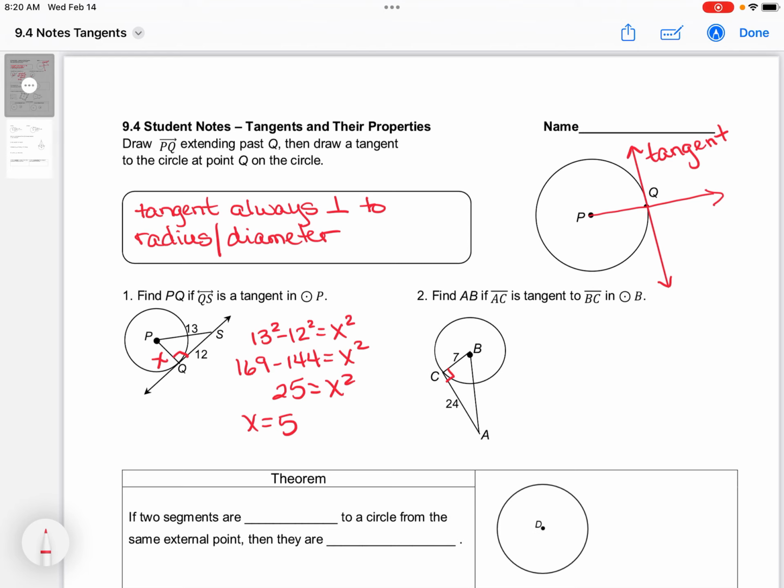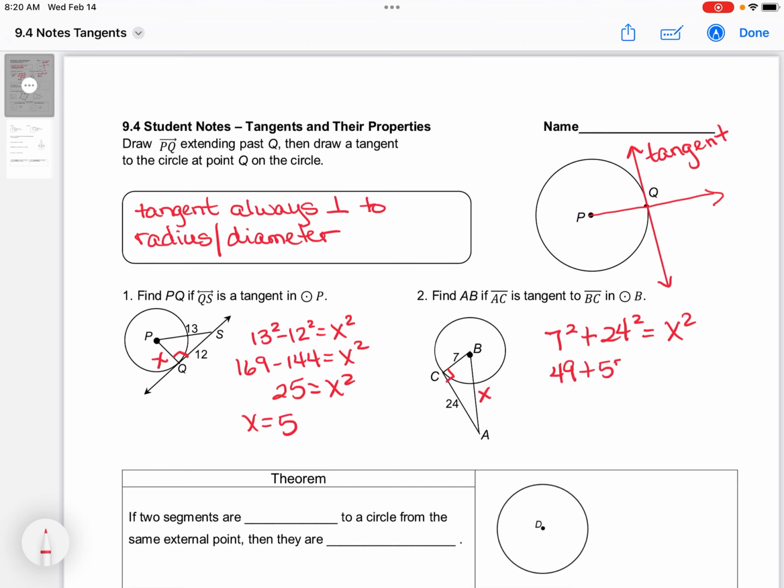All right, and then I wonder if this one comes out easy. This one we're looking for a leg. So, oh no, we're looking for the hypotenuse. So we have 7 squared plus 24 squared equals x squared. 24 squared is 576.